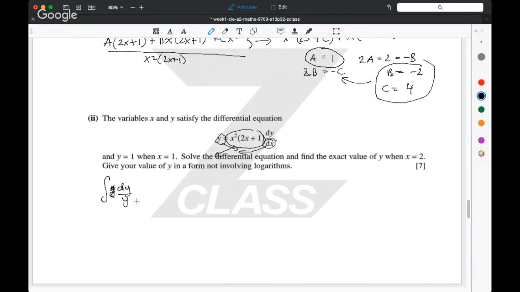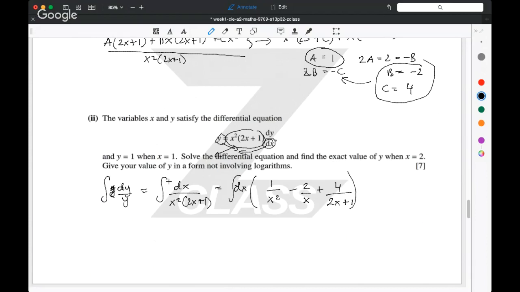So the integral of dy over y is equal to the integral dx over x squared 2x plus 1. And this is equal to, as we've just found, 1 over x squared minus 2 over x plus 4 over 2x plus 1.